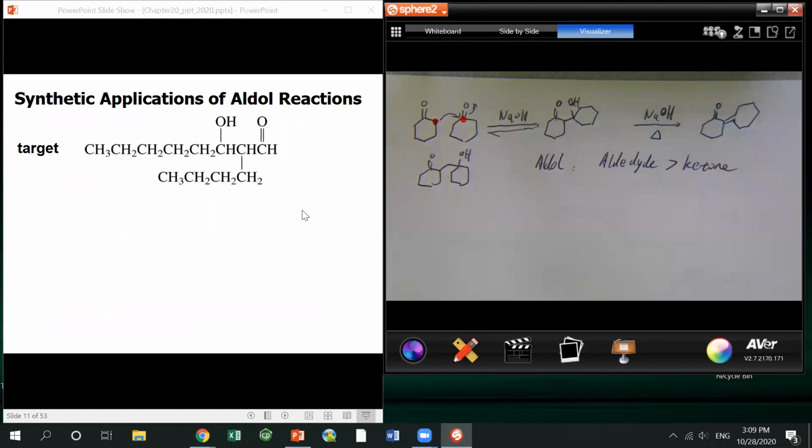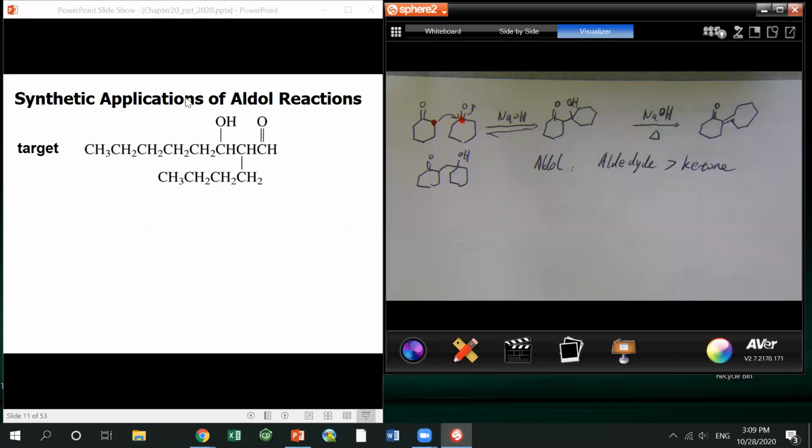So this is another carbon-carbon bond formation reaction for synthesizing complex molecules. Because the Aldol reaction can be repeated, you can build very big molecules, like this one.